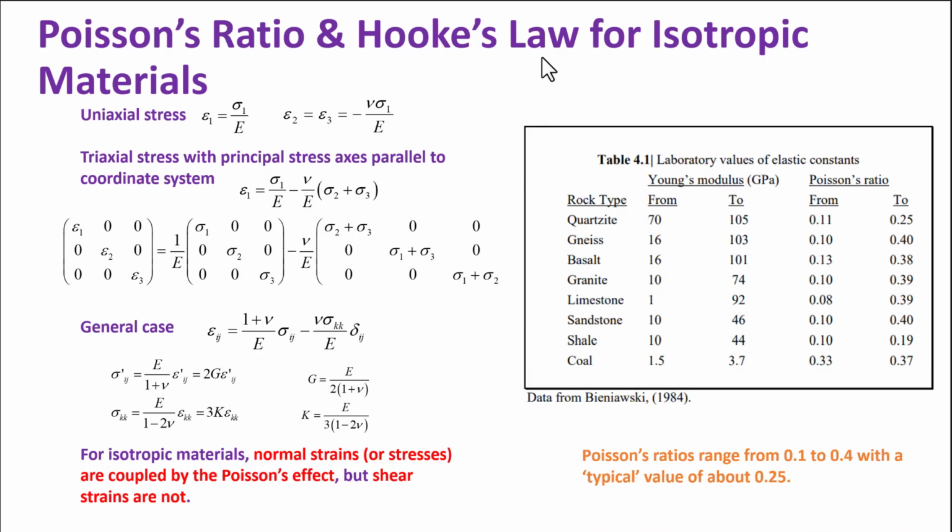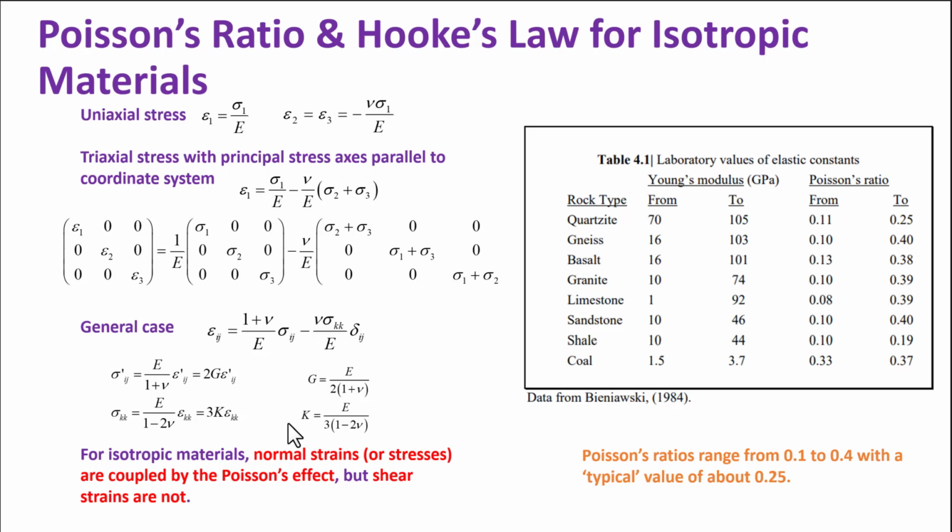So for isotropic materials, there are two elastic constants, either Young's modulus and Poisson's ratio, or shear modulus and bulk modulus. There are other possible combinations, but the point is that there are only two independent constants.